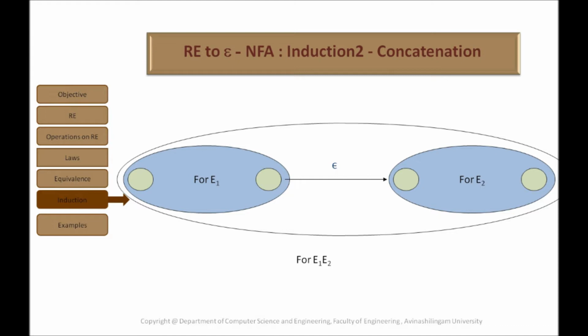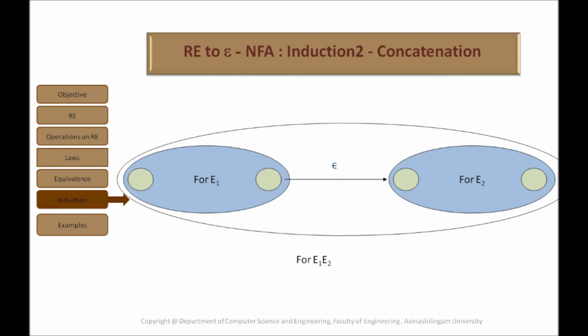If you have the regular expression R, then R will be equal to R1 R2, where R1 and R2 are the concatenation of two regular expressions. Here is the diagrammatic representation of E1 and E2. It should go through both E1 and E2. So we have the finite automata for E1 and the finite automata for E2, and both of them are connected using the empty symbol.